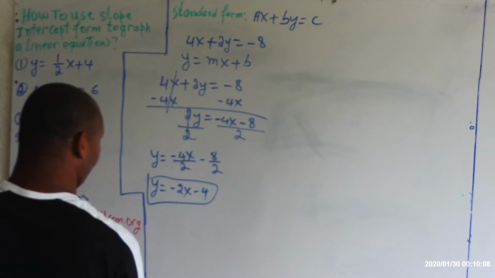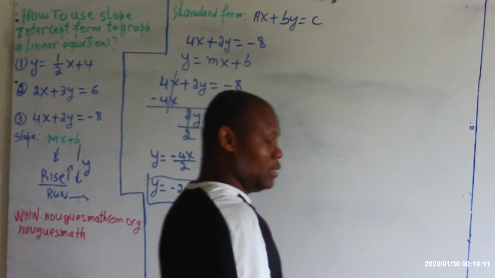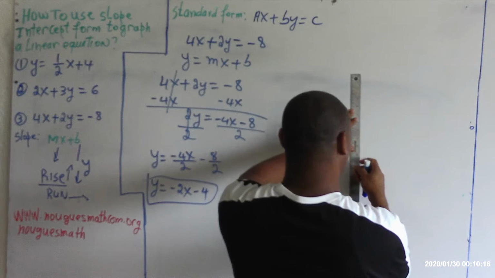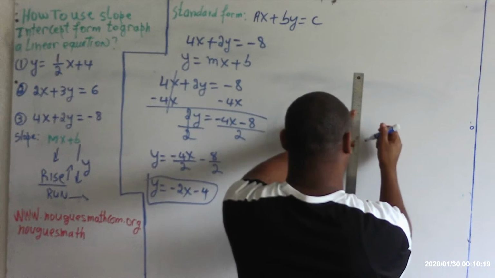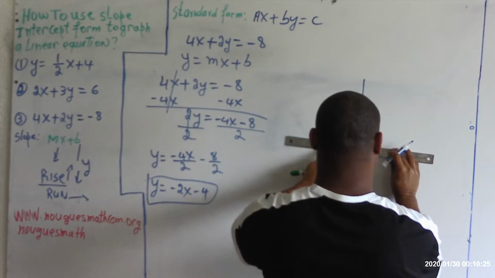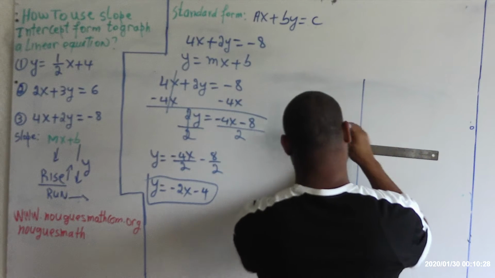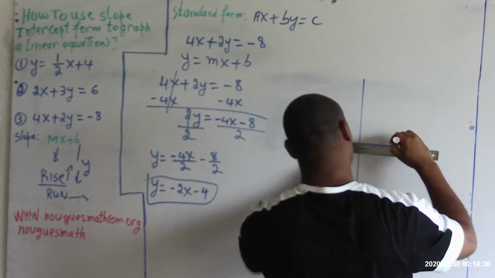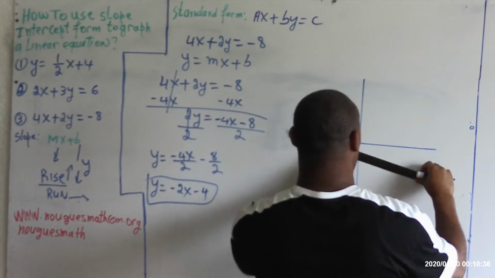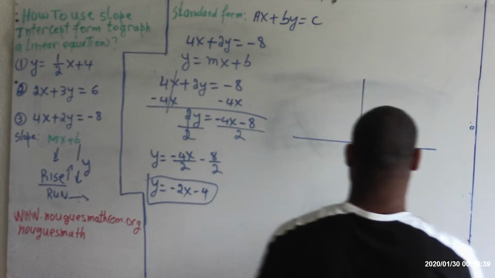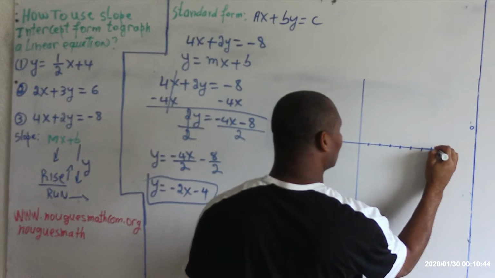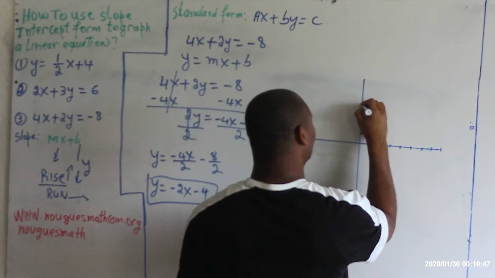I will need to graph this. It's going to be very easy. I know you will like slope form better than tables, because with a table you do more work. Okay, number line.